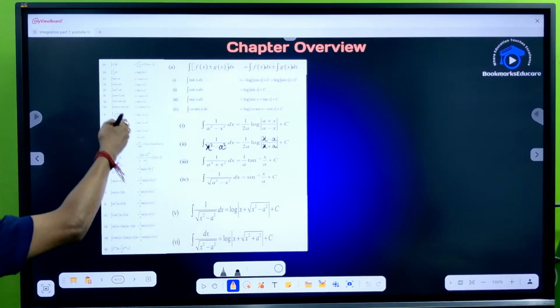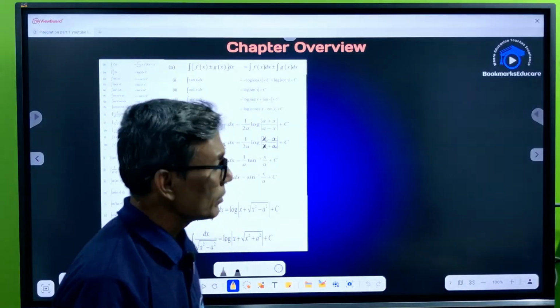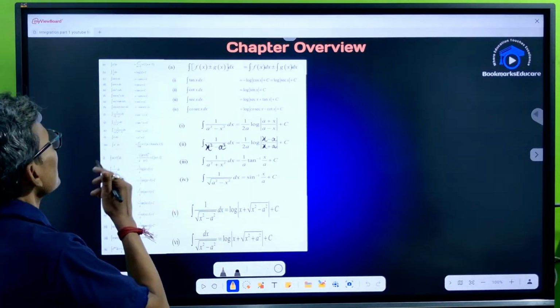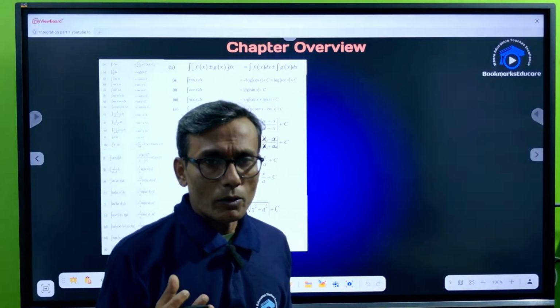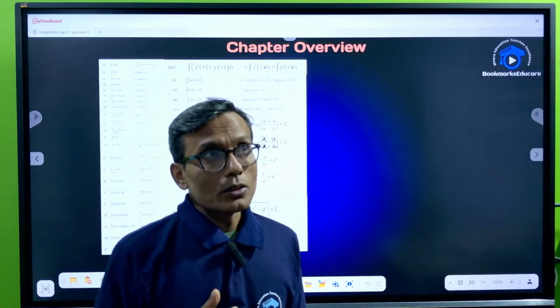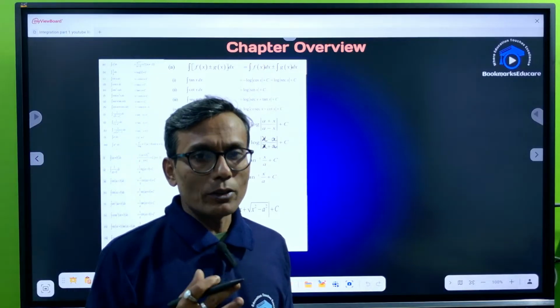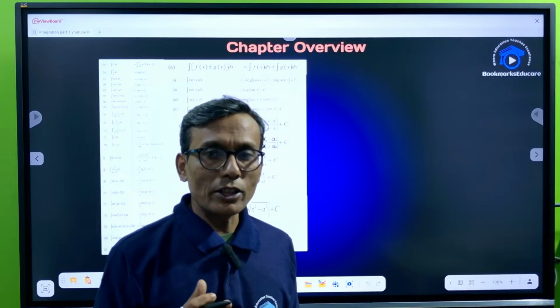Here are all the formulas of indefinite integration. What is the utilization of indefinite integration? To find the total function from the rate of change.